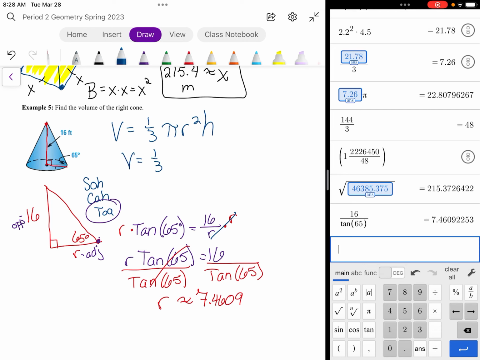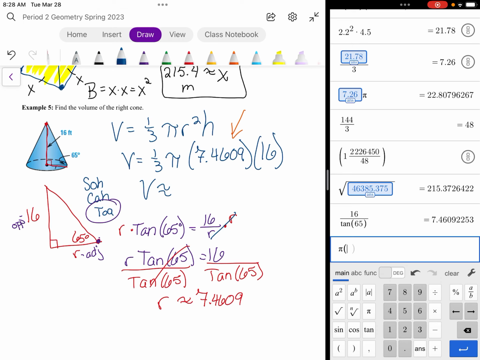Volume equals 1/3 pi times our radius, 7.4609, squared, times the height of 16. Because we already rounded this number, we're just going to round our final answer instead of leaving it in terms of pi.